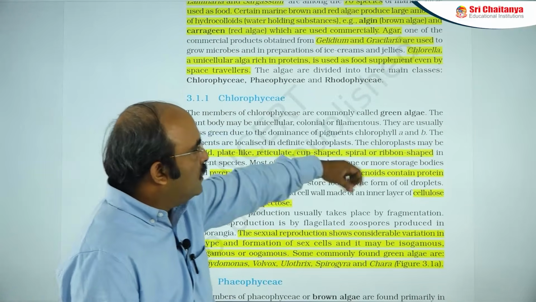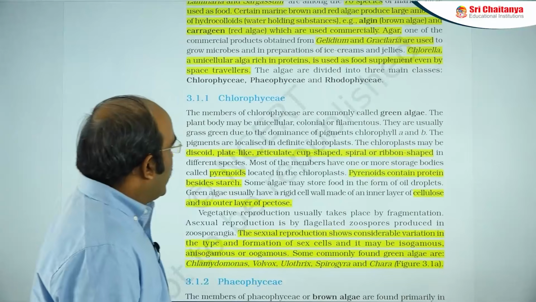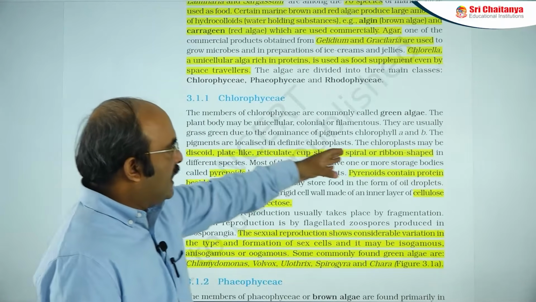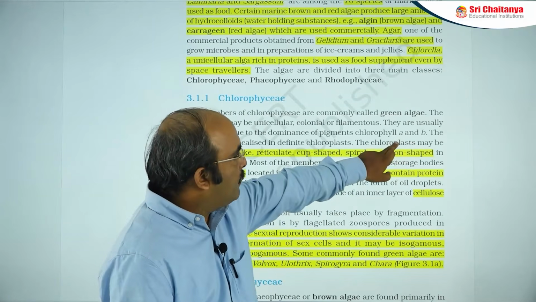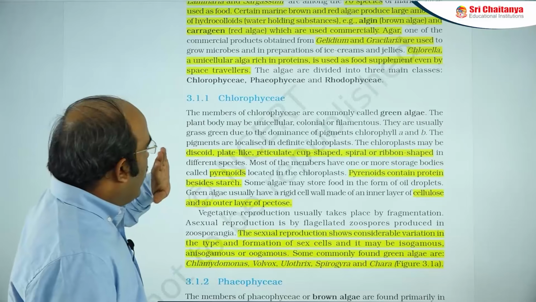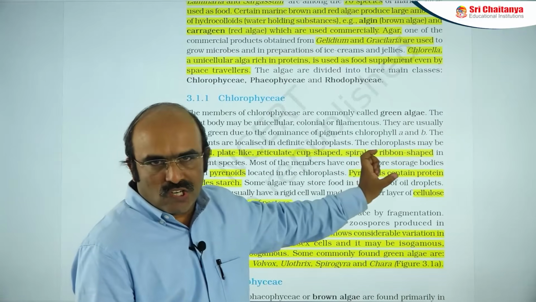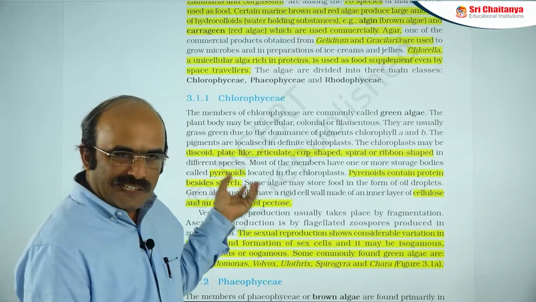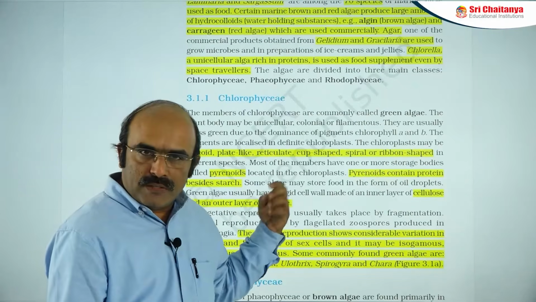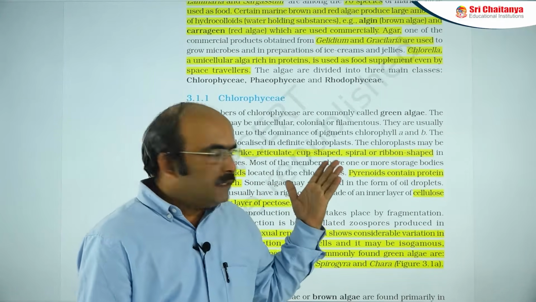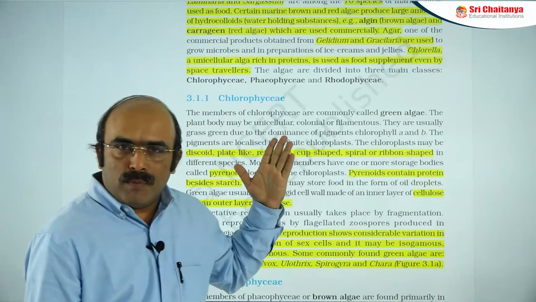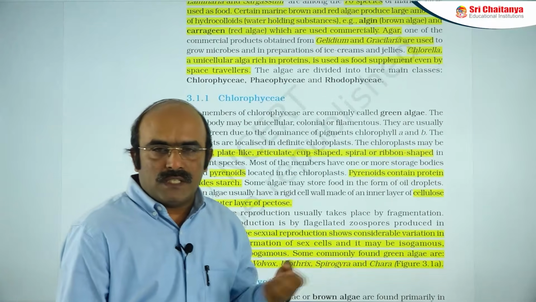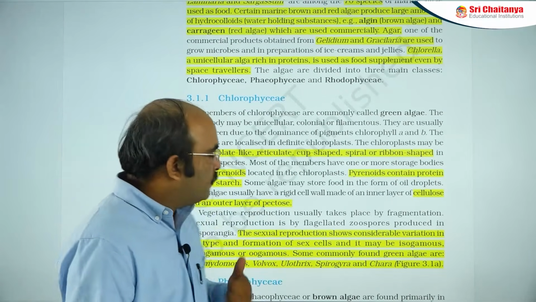As I told you, they are commonly called green algae or grass green algae due to the dominance of pigments A and B. The chloroplasts can be plate-like, reticulate, cup-shaped, spiral, or ribbon-shaped. Ribbon-shaped is observed in Spirogyra.